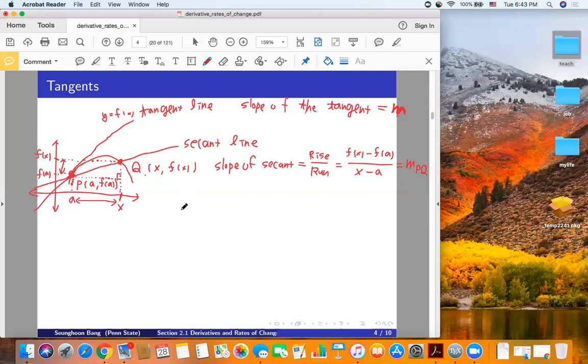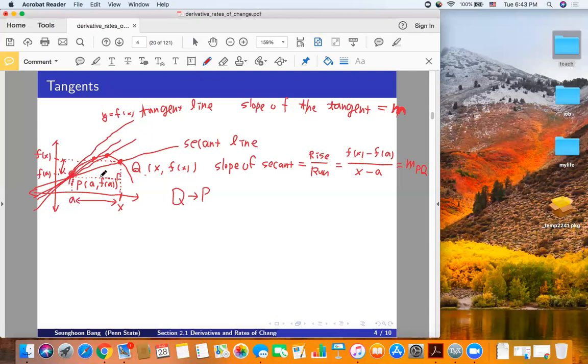But next step, I only move point Q to point P. What happens? Q is moved to P along the curve, move here. So the secant line is like this. Move more. This is Q, this is the secant line.